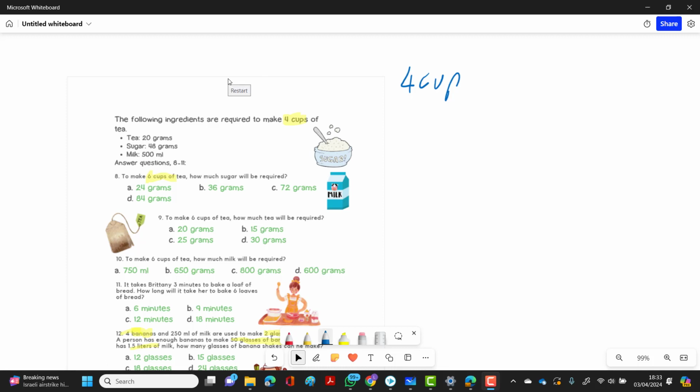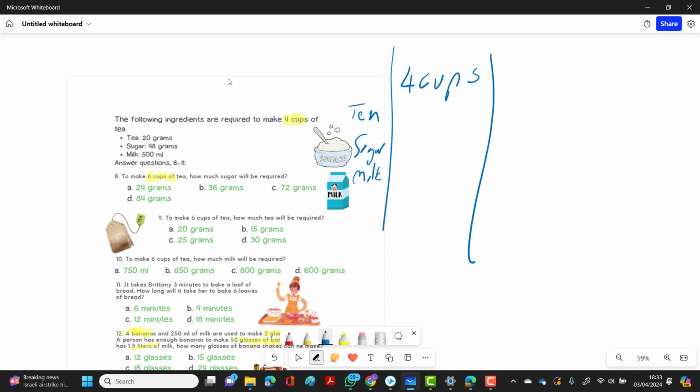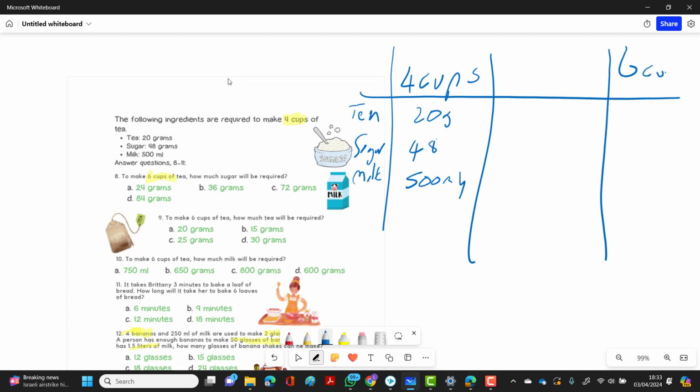For 4 cups we have tea, sugar, milk: 20 grams, 48 grams, 500 milliliters. Now you want to do 6 cups of tea. So I want to do 6 cups now, and how much of each?